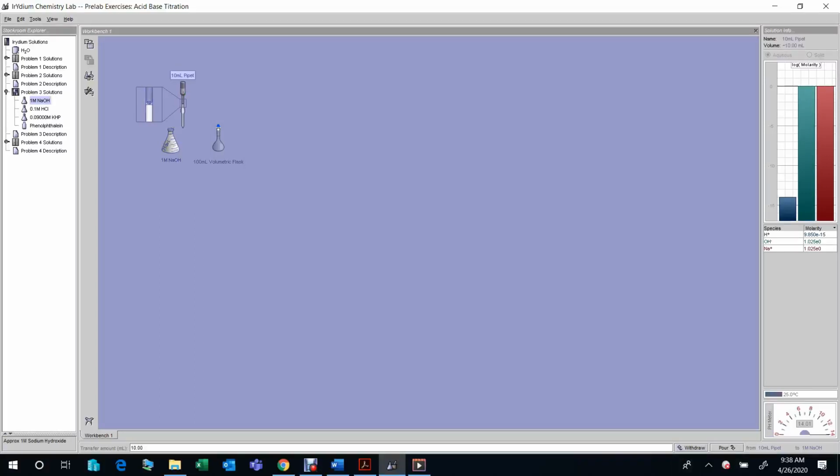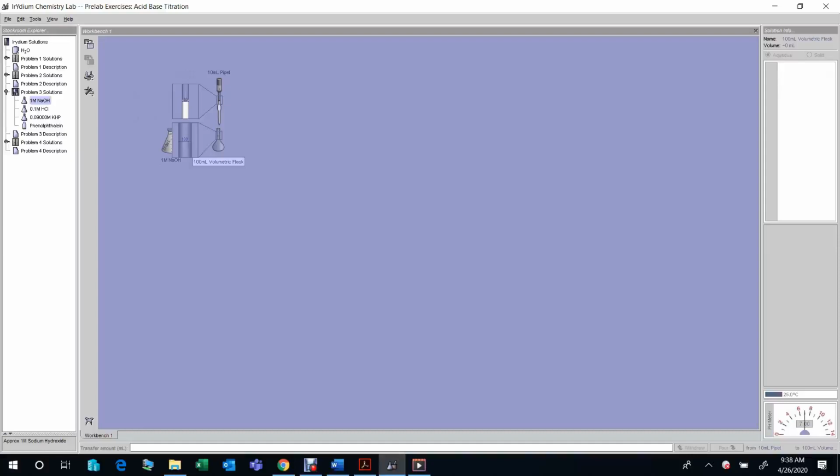Then we get this 10 milliliter solution, and we can pour it into the 100 milliliter volumetric flask. So we also put 10.00, and we do pour. Oh, before I pour, I need to remind you here. You see that the solution level just reached this line. There's a line here. This line tells the exact volume.